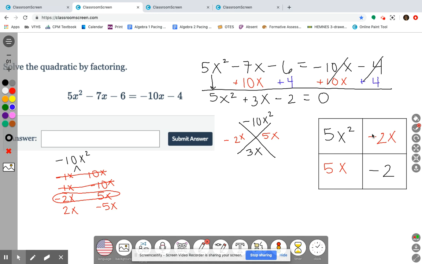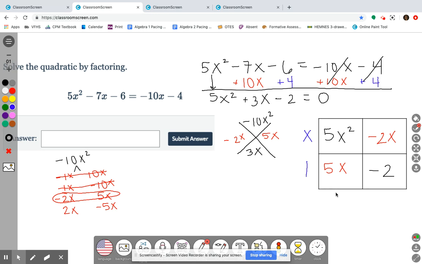So looking at this top row, I have 5 and negative 2. Those two numbers have nothing in common, but they both have the variable x that they can be divided by. Second row, I have 5x and negative 2. They have no number that they can be divided by, and they both cannot be divided by an x, so we're just going to have a 1.